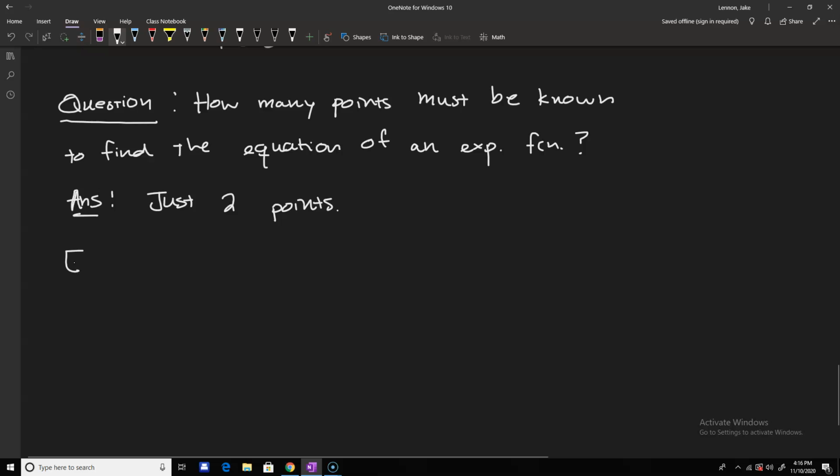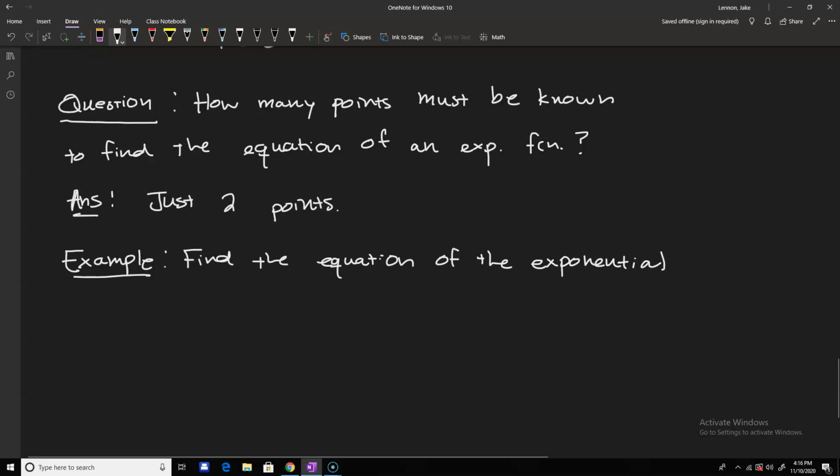So let's go ahead and go through a couple of examples of actually finding the equation given that minimal information. So find the equation of the exponential function that passes through, let's say, (0, 100) and (2, 225).